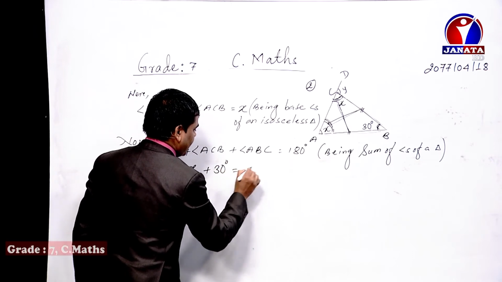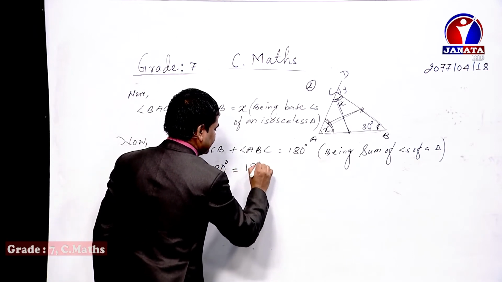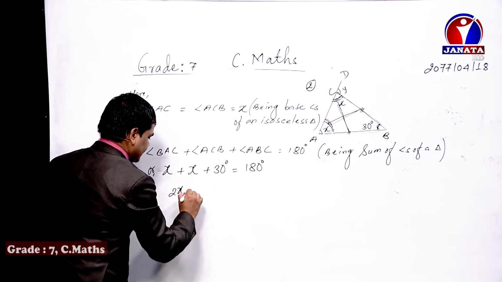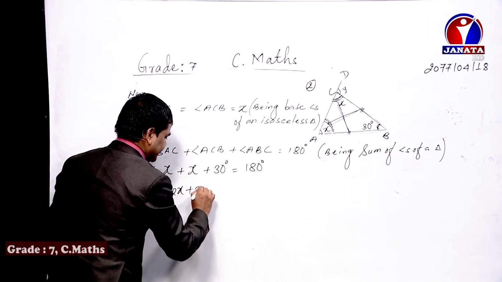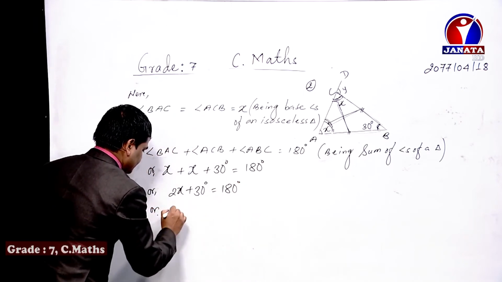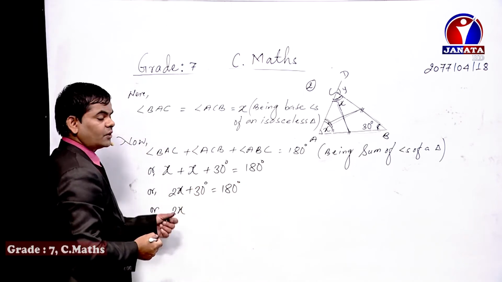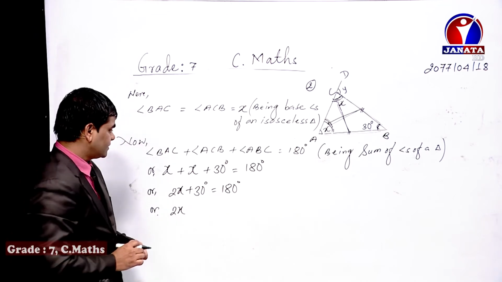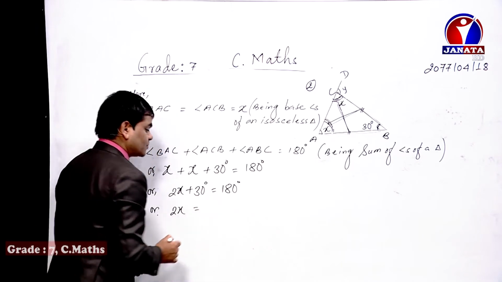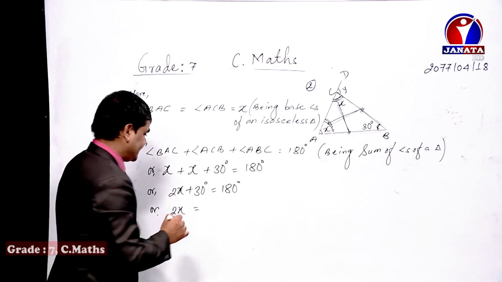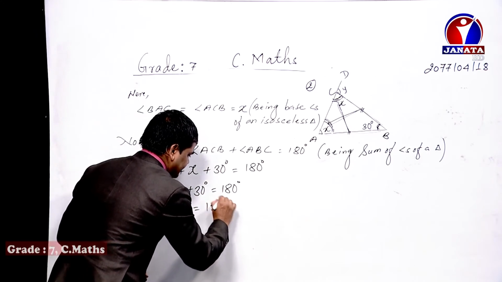Now their sum is 180 degrees. x plus x, 2x plus 30 degrees equals 180 degrees. Now 2x equals, by taking 30 degrees to the right hand side, 180 degrees minus 30 degrees. It equals, I am going to write directly, 150 degrees.